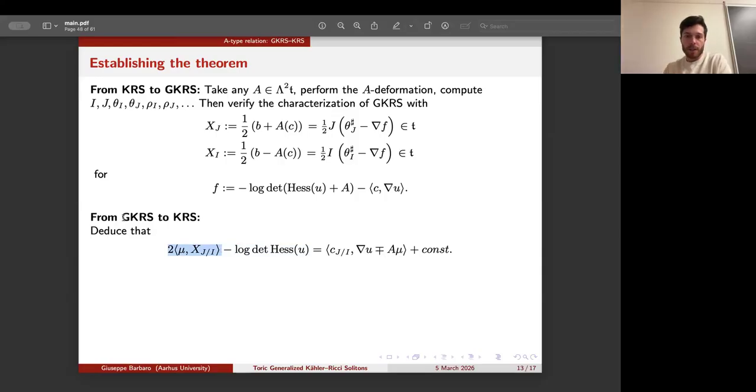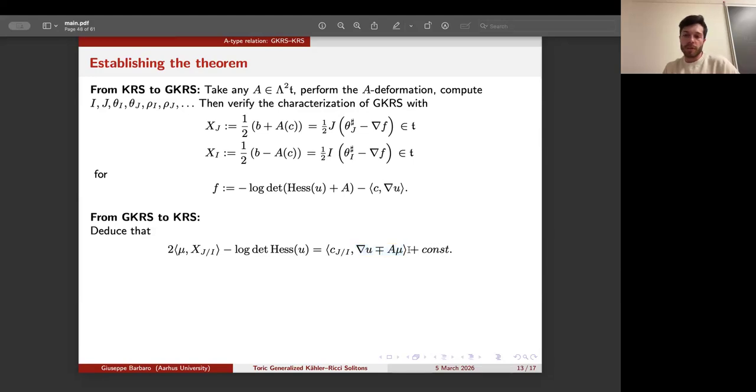So by the characterization of generalized Kähler-Ricci soliton, dd^c of this thing is 0. So this function here is pluriharmonic. And the point is that you can characterize pluriharmonic functions, and they're just linear in these coordinates here.